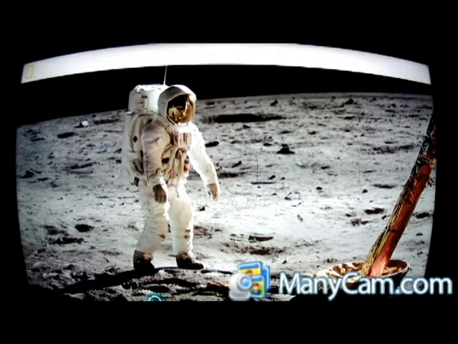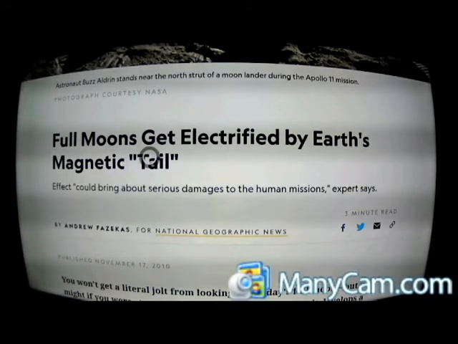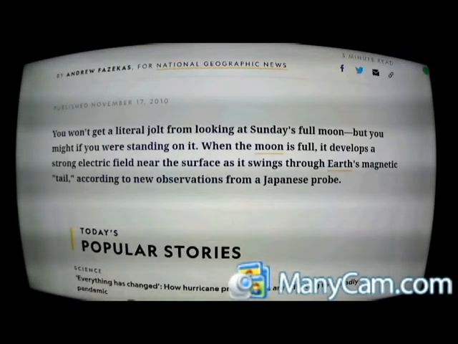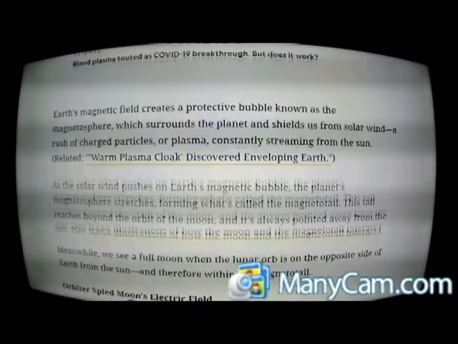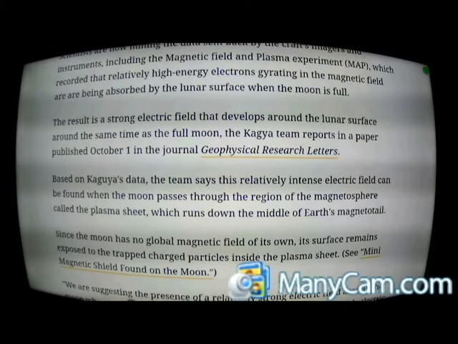Like what I read previously, it's always pointed away from the sun. And there's the link to that. When you click on it, it brings up the website talking about the Earth's magnetic tail.